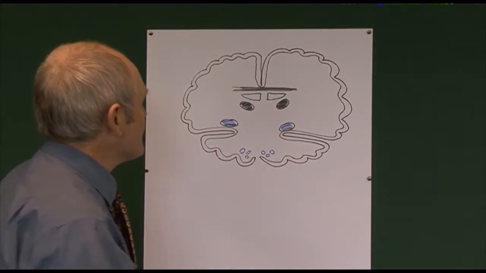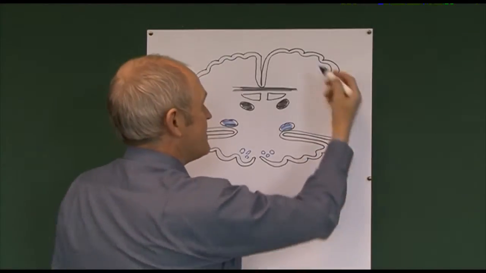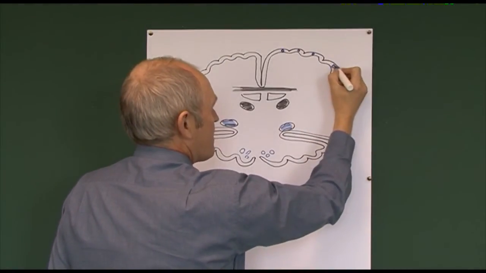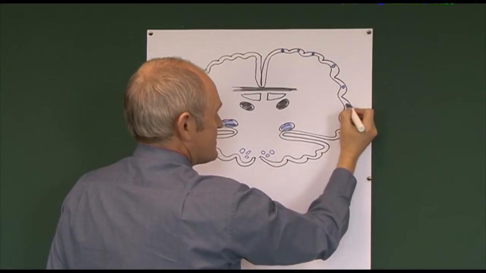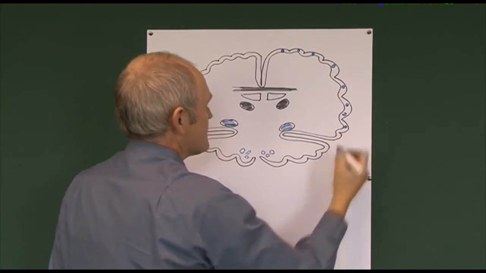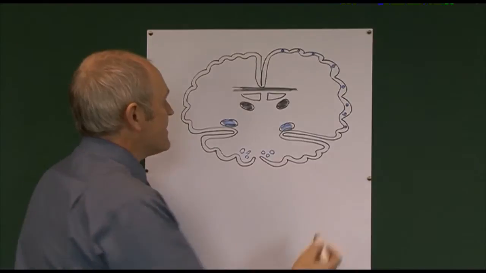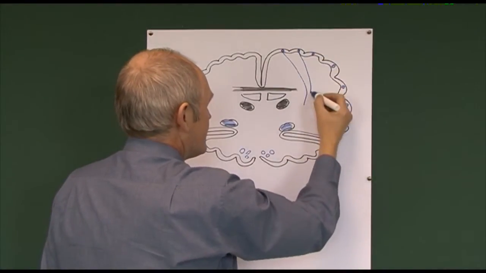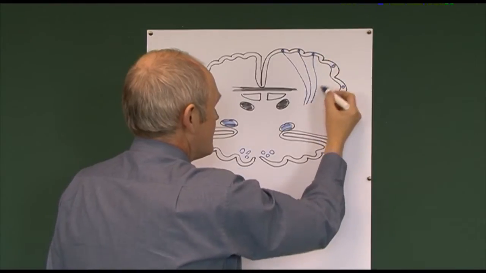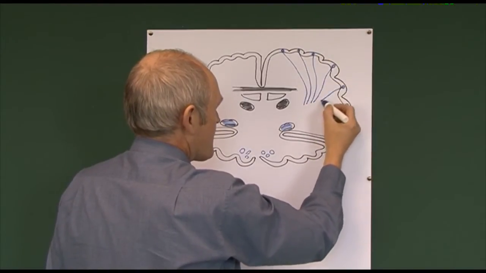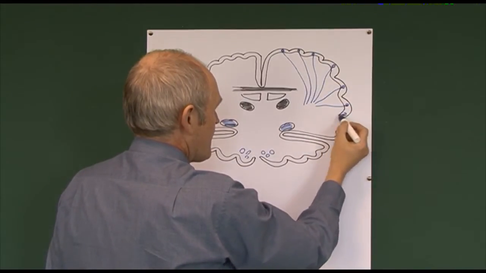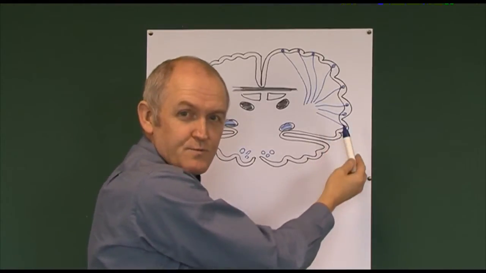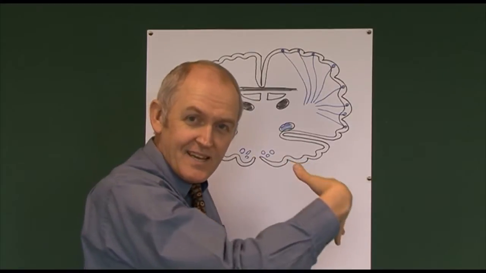So all of the nerve cell bodies that initiate movement are up here in the motor cortex. And these all come together into a central pathway like this. The nerve fibres of the motor neurons project down into the cerebrum.